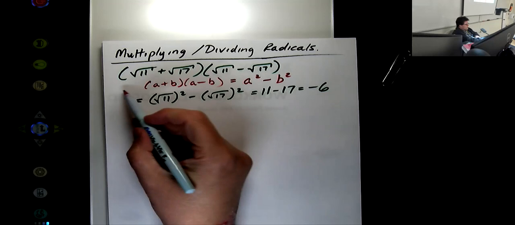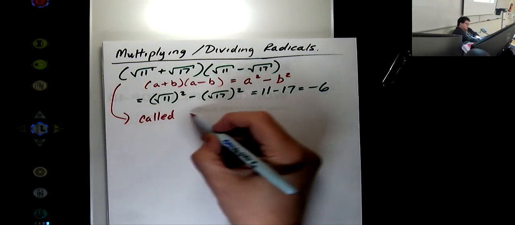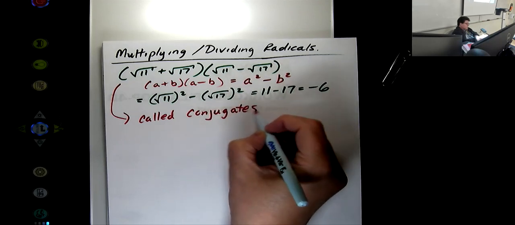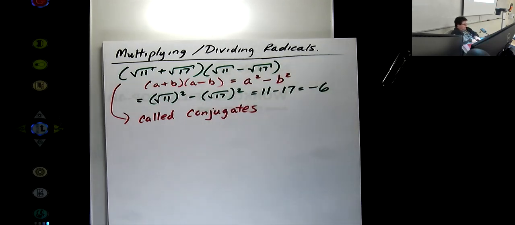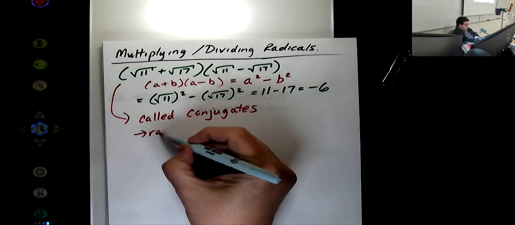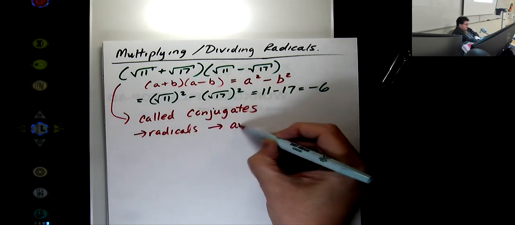These are called conjugates. It's when you have the same values in the front and in the back, but the sign changes between them. And when we do it with radicals, the answer doesn't have radicals.